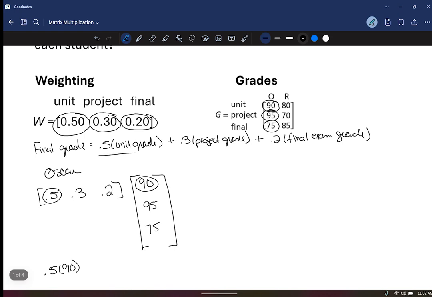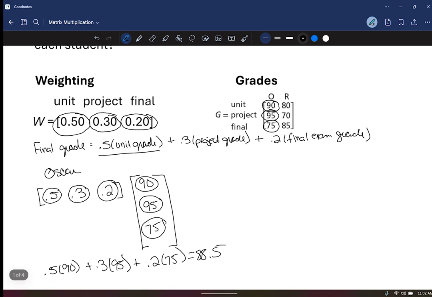All right, this first one. Then we have the 0.3 in the second position. We're going to take that times the 95 in this second position. So we're going to add 0.3 times 95, plus, and then same thing, third position times third position, 0.2 times 75, and that gets us 88.5. All right, now we're going to do the same thing for Reagan.